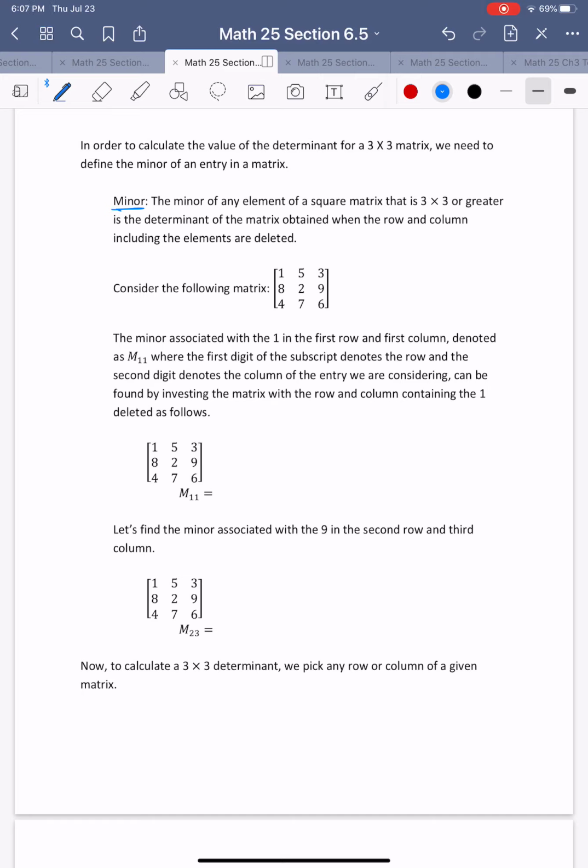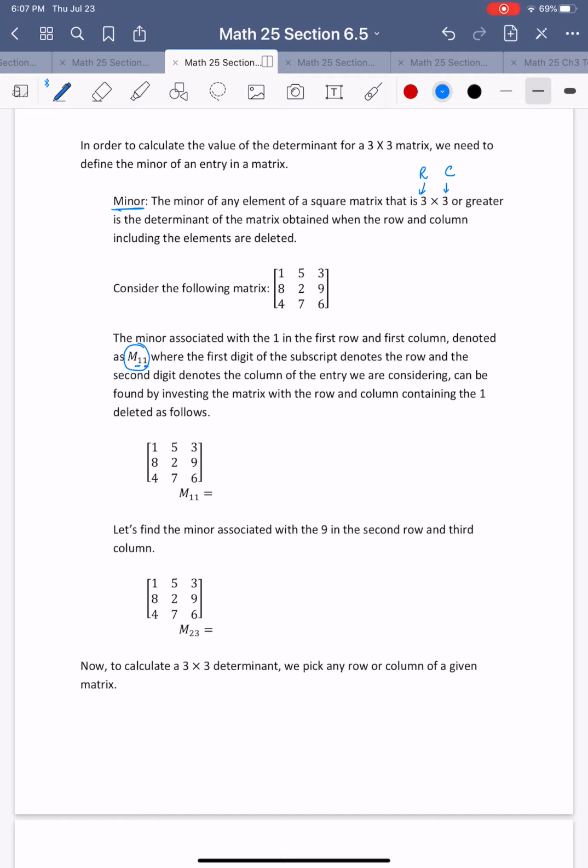The minor associated with the 1 in the first row and the first column is denoted with a subscript, where the first digit of the subscript denotes the row and the second digit denotes the column.